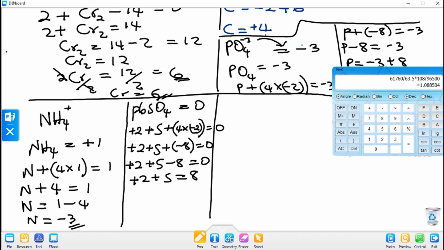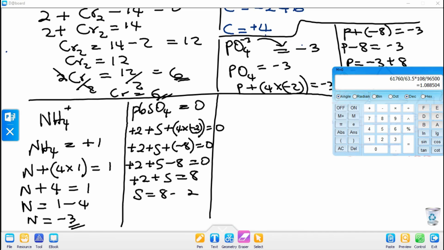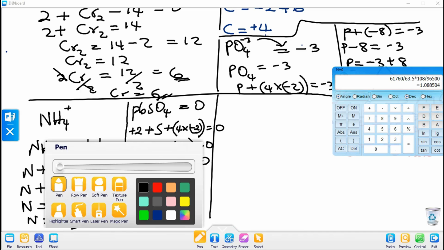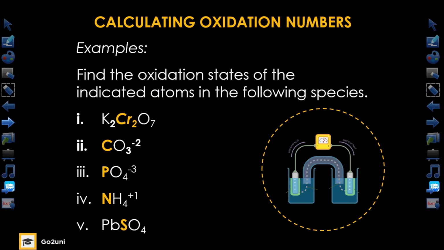To get our sulfur, plus 2 goes to the other side, so S equals 8 minus 2. So S will become positive 6. And that is why the name of that compound is lead tetraoxosulfate 6. So this is how to calculate oxidation numbers.